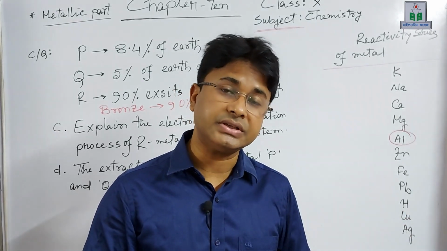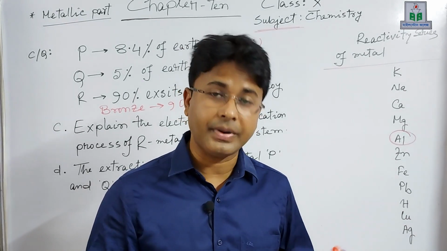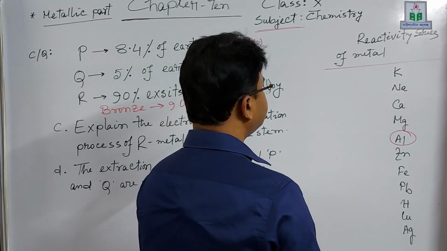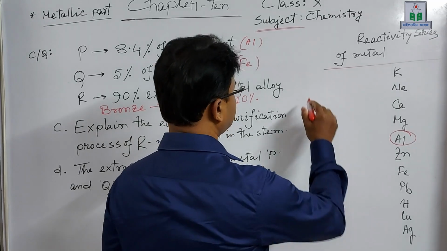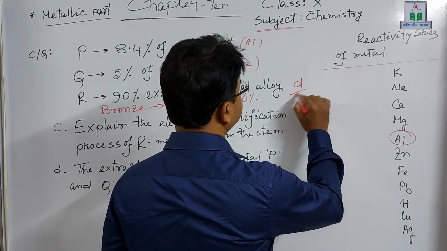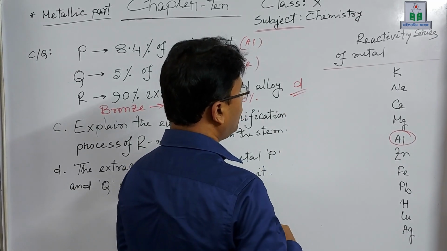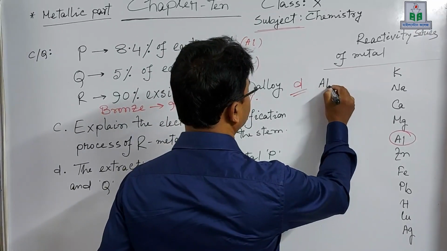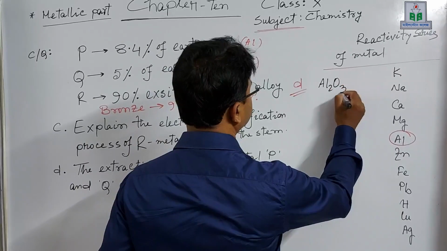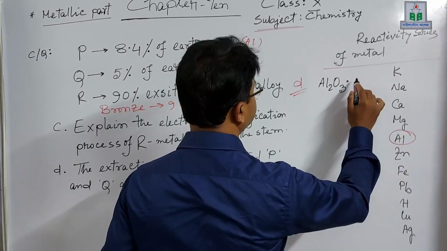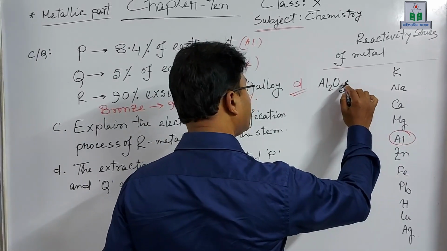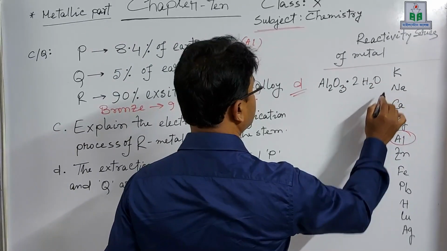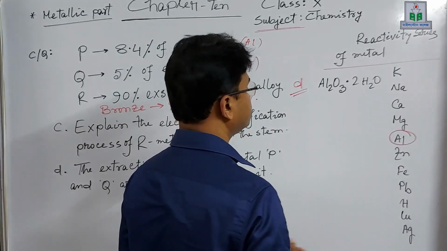It is found in nature as a compound, as bauxite. You know that bauxite is the ore of aluminum. The formula of bauxite is aluminum oxide dot 2 molecules of water.